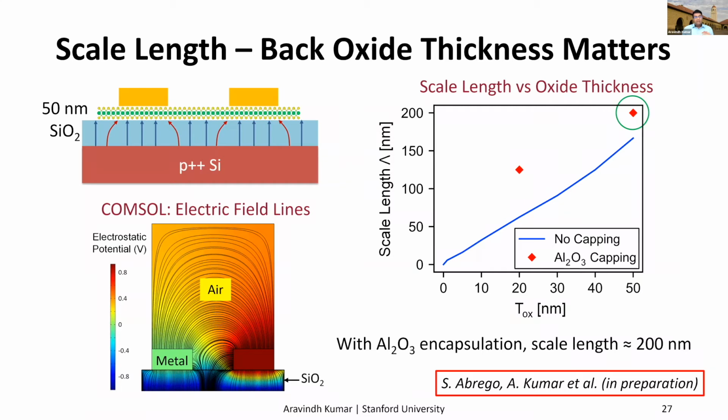For this 50 nanometer silicon oxide backgated device with the encapsulation, we see that the scale length is 200 nanometers. That is quite large because the shortest channels that we have are 100 nanometers. So this is shorter than the scale length. So the parallel plate capacitor model is not entirely accurate.